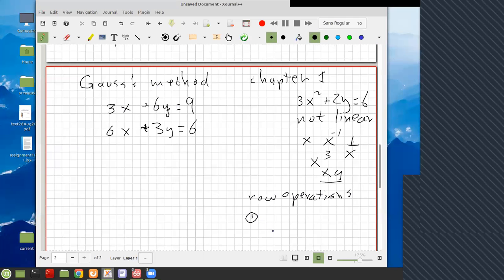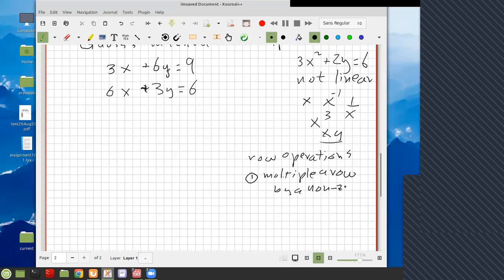The first one is I can multiply a row by a non-zero number. What that means is, if I wanted to multiply this by a number, I could do that here. What you do is you write down the whole system again, but I'm going to multiply the first row by, say, 2.